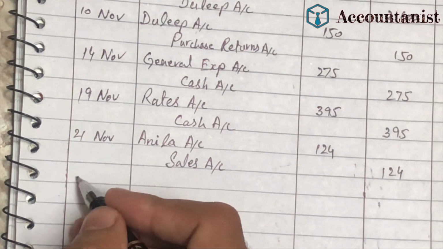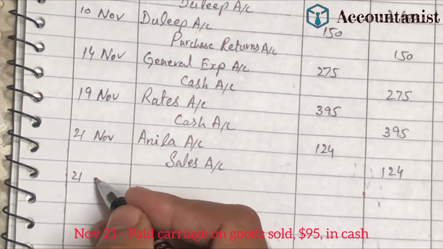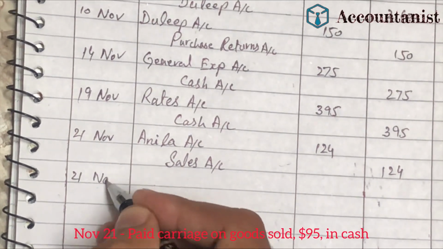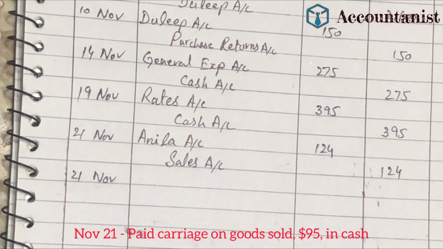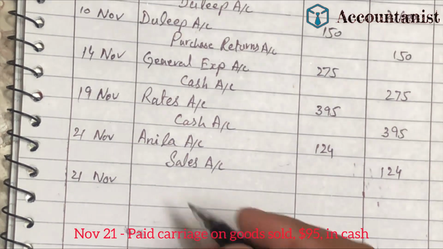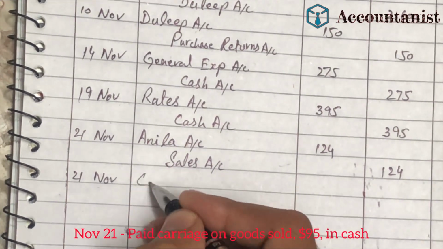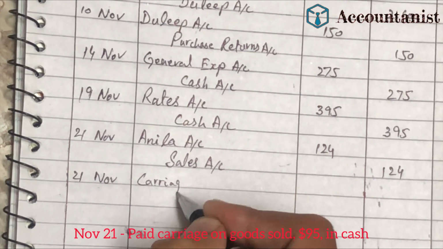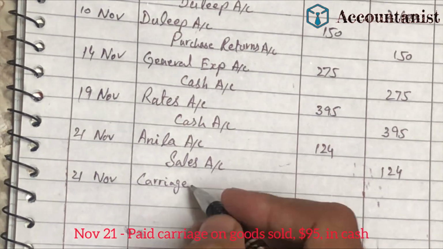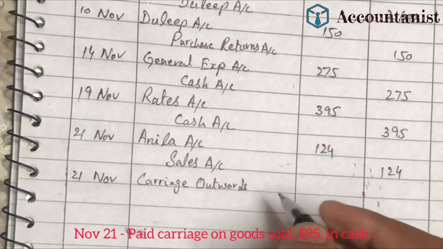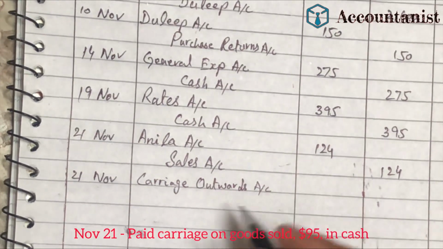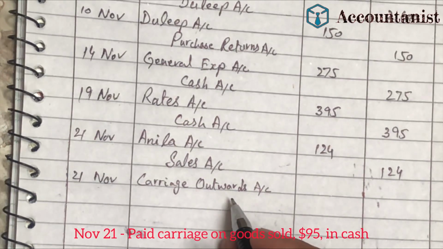So the next transaction happened on the same date. It shows that we paid some carriage on goods sold, $95 in cash. So this expense is called carriage outwards, which means this is carriage we paid for the goods that we deliver to the customer.